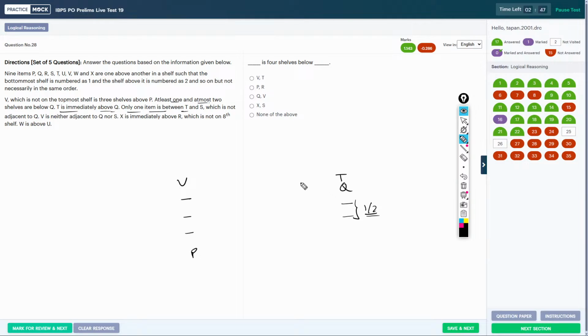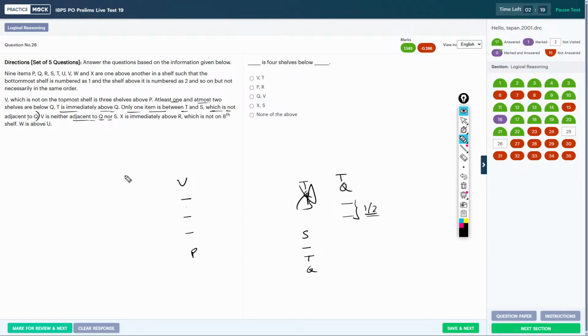So either TQS or S underscore PQ. S is not adjacent to Q. V is neither adjacent to Q nor S. So V is not adjacent to S. So S can be here.